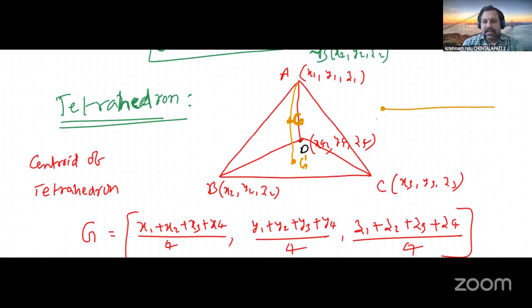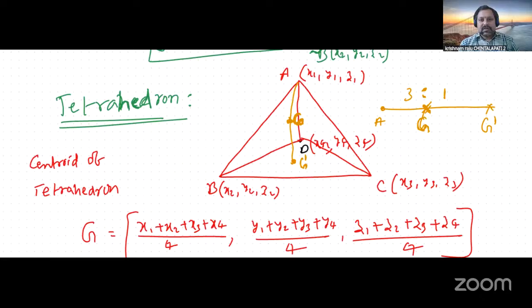This is the centroid of the face triangle BDC. So G dash is the centroid of the triangle BDC. Now, this centroid G is the centroid of the tetrahedron. This G divides the line segment AG dash at what ratio? 3:1 ratio. That is the point. Clear? For objective, this is important.